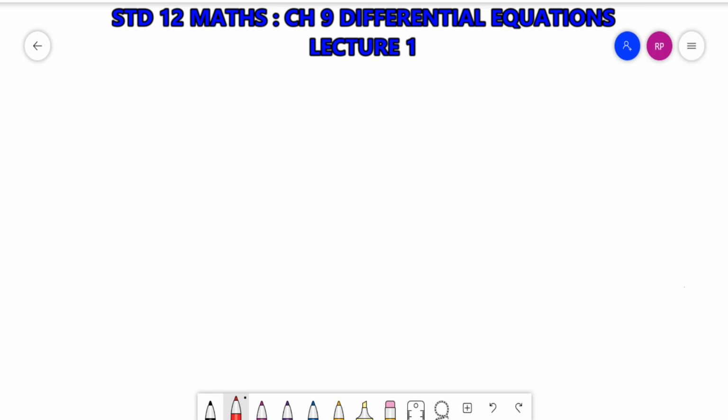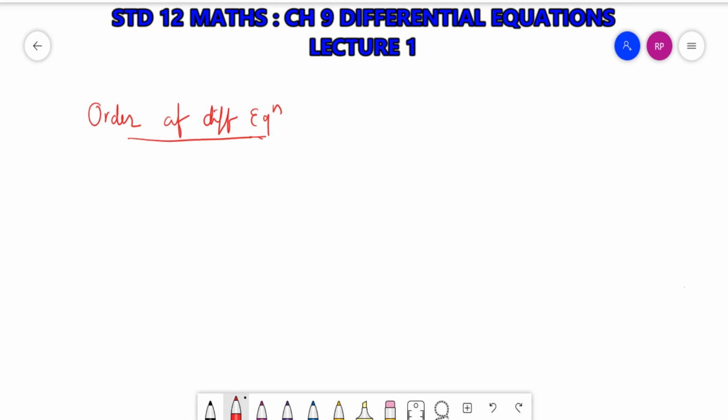Okay, so let's start. First we will start with the order and degree. Order of a differential equation means the highest order derivative, that is called the order of the differential equation.